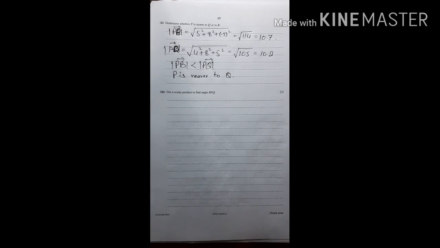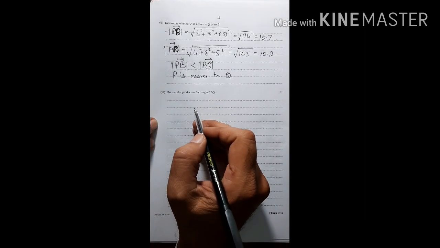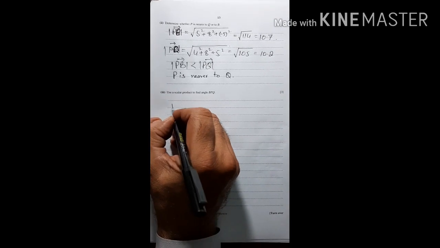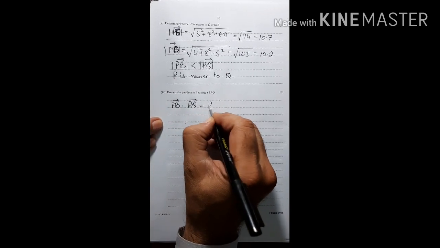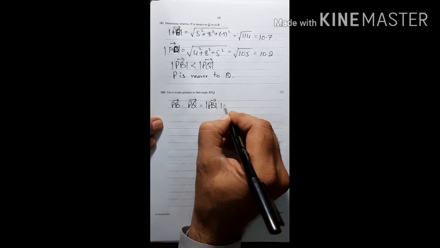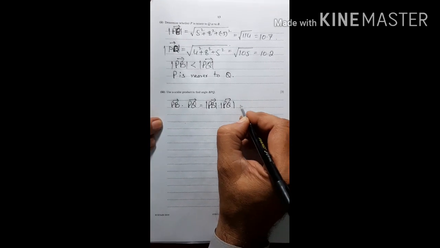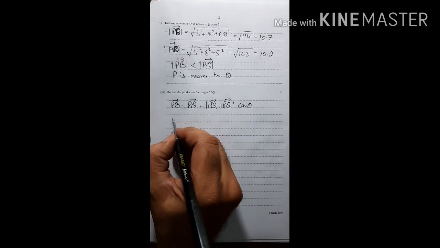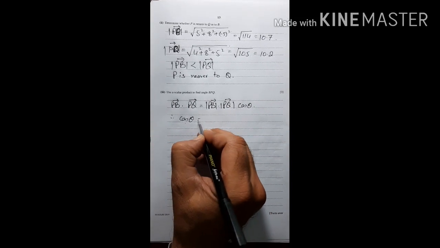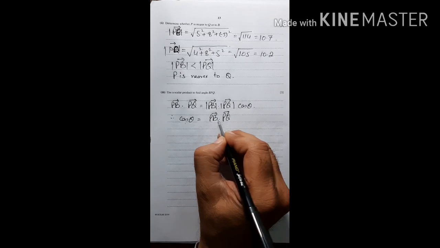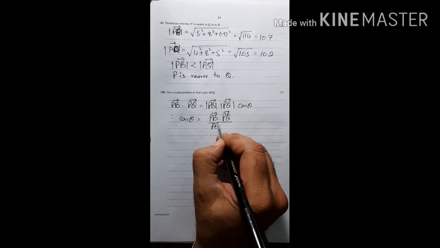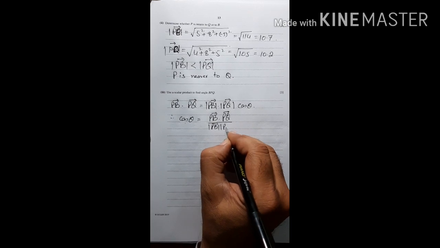Part 3 is use a scalar product to find the angle BPQ. Okay. The formula for the scalar product is PB dot PQ is equal to magnitude PB magnitude PQ cos theta. Therefore, cos theta will be the vectors PB and PQ product over magnitude PB times magnitude PQ.